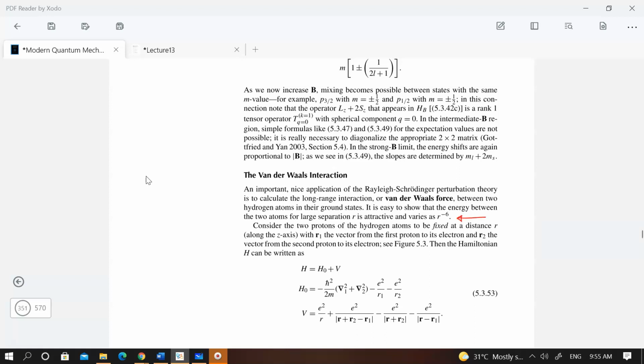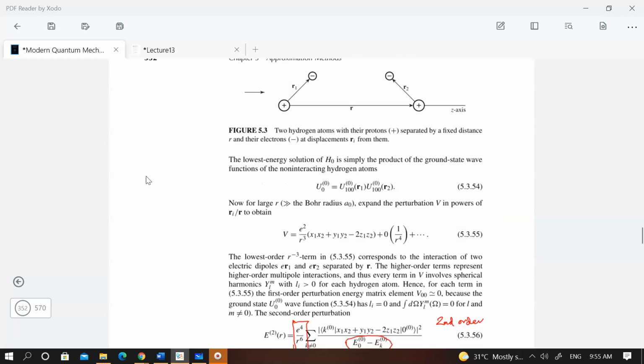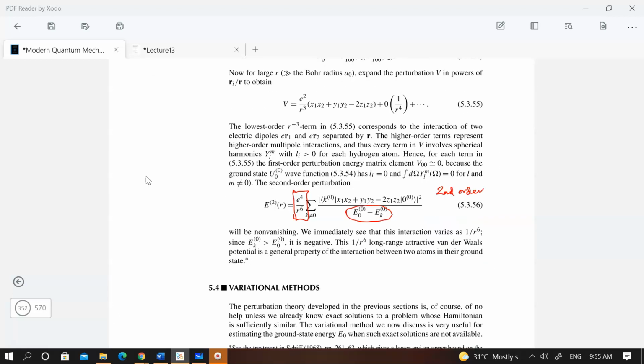Okay, the other part that was claimed is the fact that it's attractive. One can also get that because your second order perturbation term involves this E naught, your ground state energy, minus the higher state energy, and of course you know that this is going to give you a negative sign.